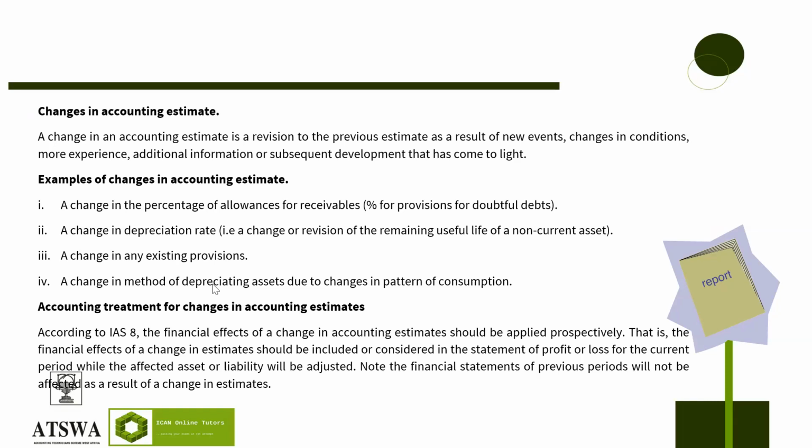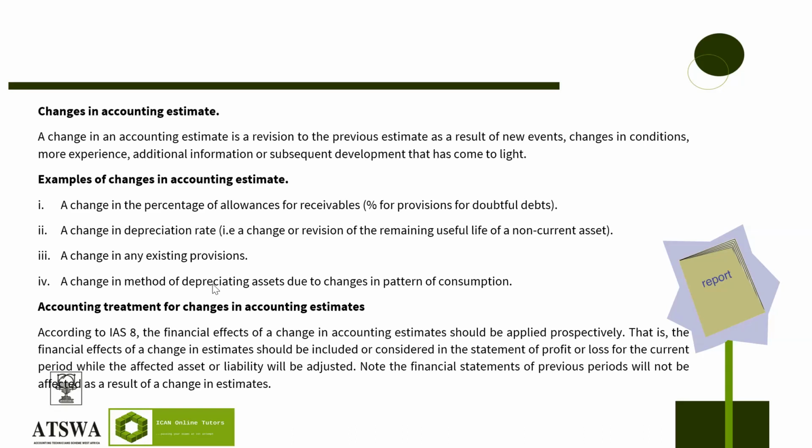A change in an accounting estimate is a revision to the previous estimate as a result of new events, changes in condition, more experience, additional information, or subsequent developments that have come to light. Don't forget, accounting estimates have to do with figures that we cannot absolutely determine with precision. So what are examples of changes in accounting estimate?